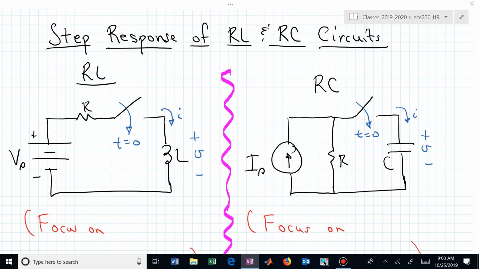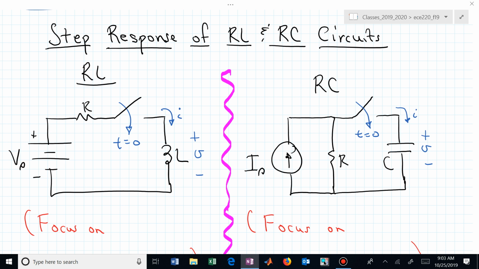Here's what we are looking at. Generically, on the left we have this RL circuit, a resistor in series with an inductor, and we have an RC circuit. The generic one, let's say, is now with a current source, and so now we have this Norton source driving a capacitor.